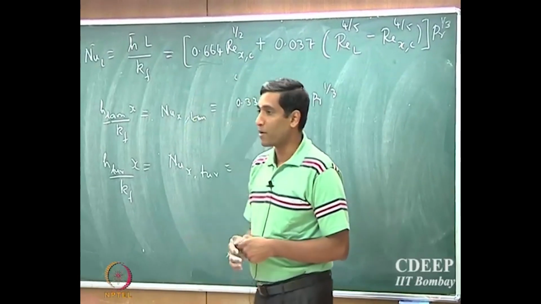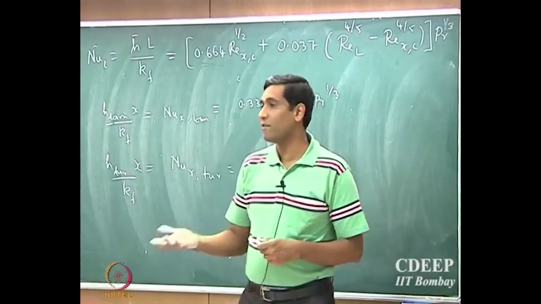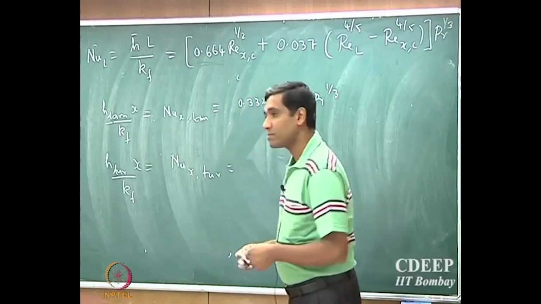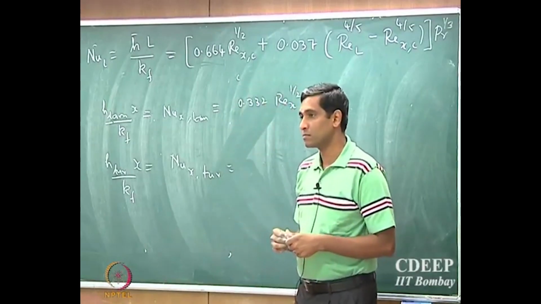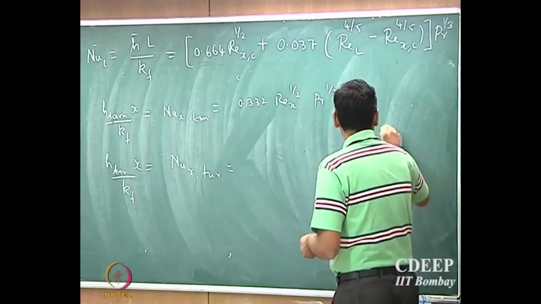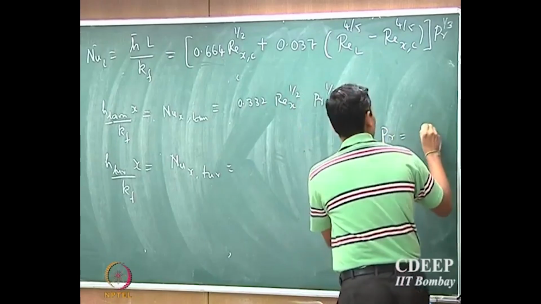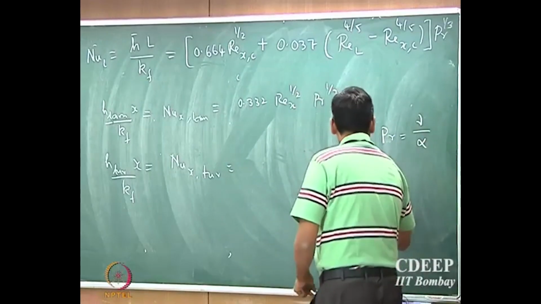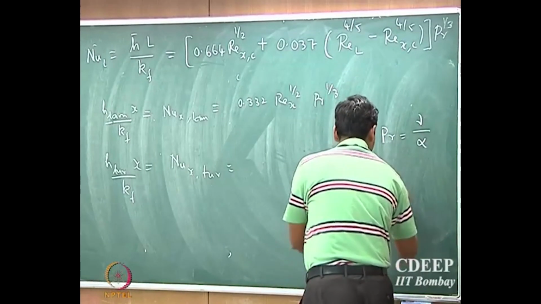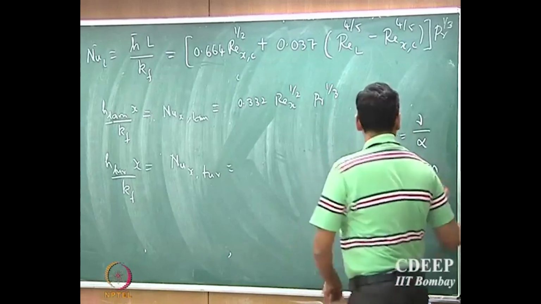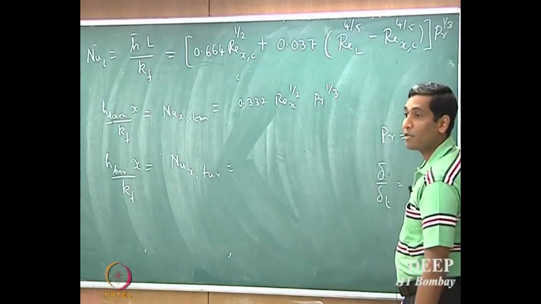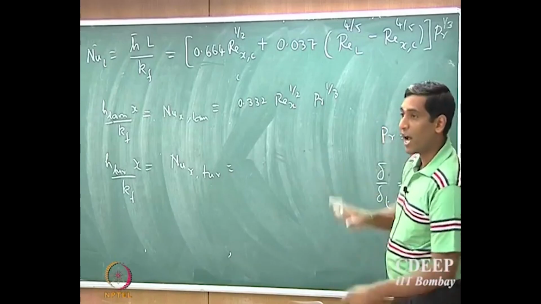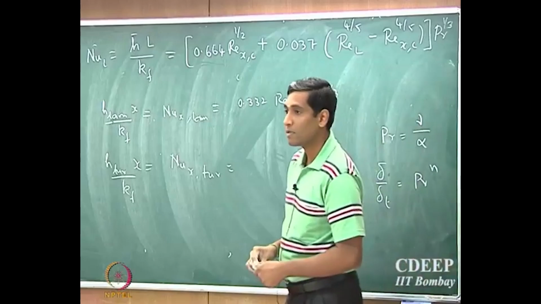If you assume that the properties are constant, it doesn't. But supposing if you say that the properties change with the hydrodynamic condition. No, but Prandtl number is simply defined as nu over alpha, right? So now if we said that delta by delta t is Prandtl number to the power of n, this n is different for laminar and turbulent. So that n takes care of the difference in the height.